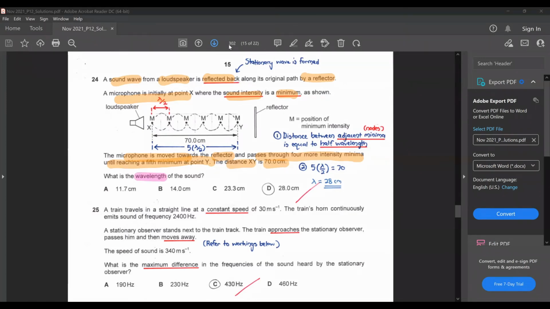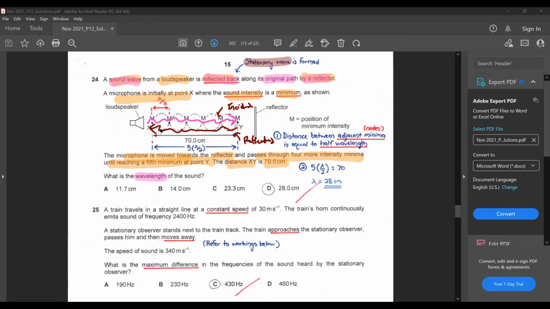When you read the first statement where they say the sound wave is reflected back along the original path by a reflector, it just simply means this. You have a sound wave going in this direction towards the reflector. Once it hits the reflector, it is reflected back along the same path. So now you have incident and reflected waves, both overlapping, traveling in opposite directions with the same frequency. So by right, you're going to have a stationary waveform.